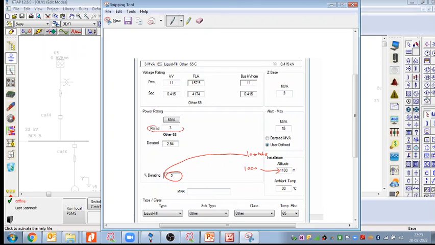Rated is 3 MVA, but the power that it will deliver is 2.94 MVA only. So generally, the thumb rule is that for every 100 meter, the equipment rating is reduced by 2%.